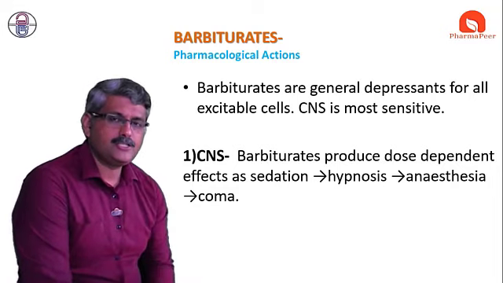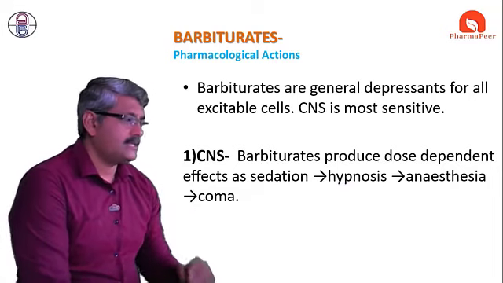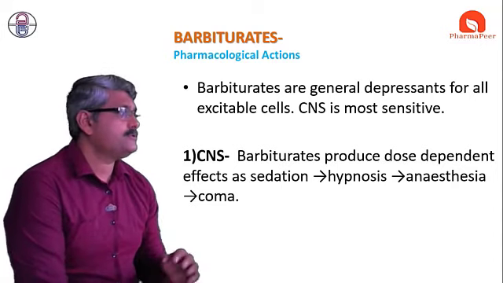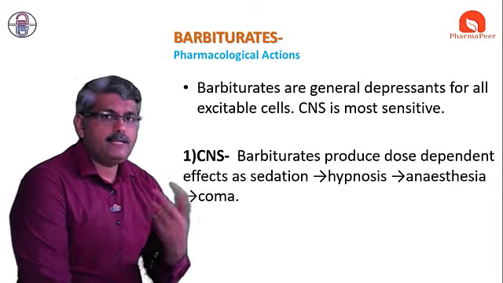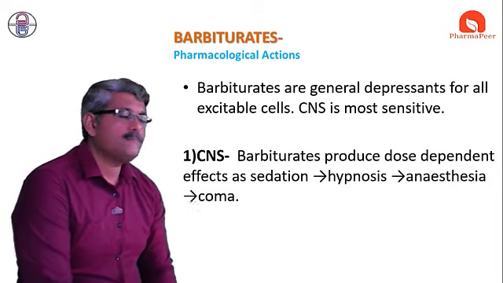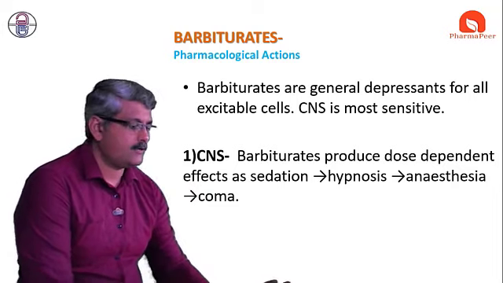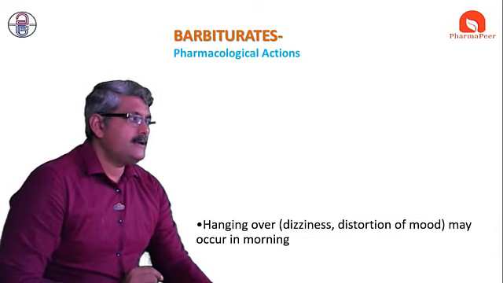In a smaller initial dose, it acts as a sedative. In a higher dose, it acts as a hypnotic. In an even higher dose, it produces anesthesia, and when we increase the dose of barbiturate further, at high risk, it produces coma. That is its effect on the central nervous system, in a definitely dose related manner.